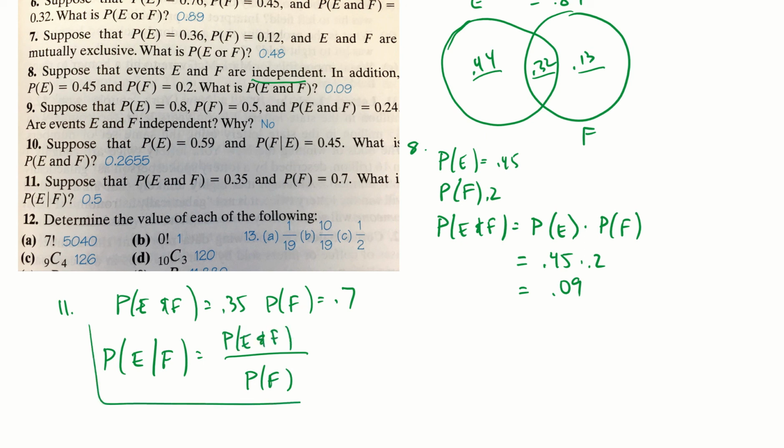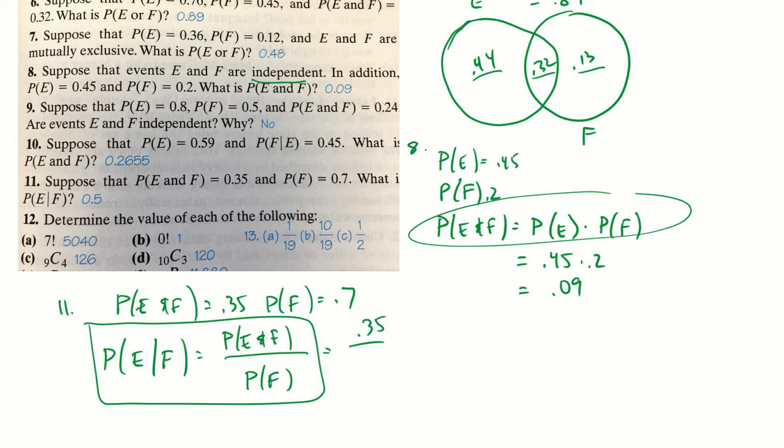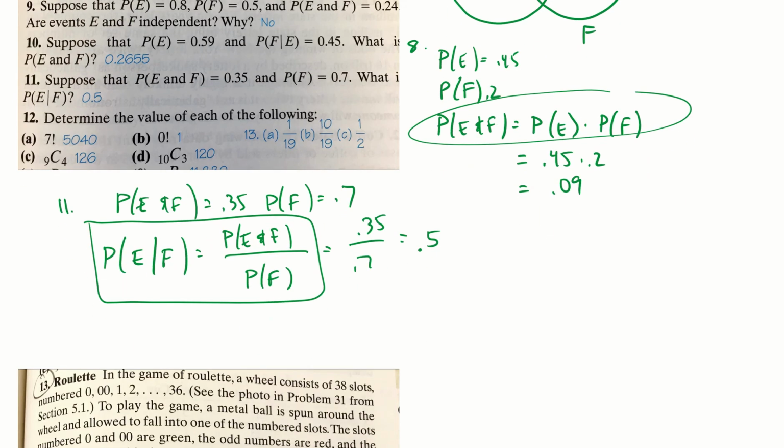This is also a formula that you have to calculate. It comes from this formula over here. So this would just be E and F, 0.35, divided by 0.7, which is 0.5.